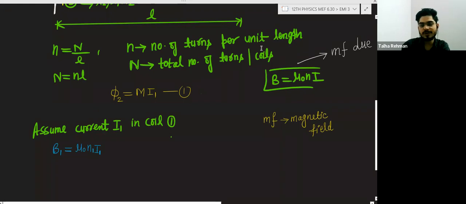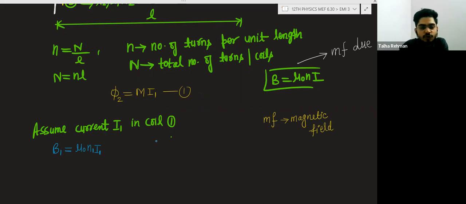Because the formula is written here, and we are talking about solenoid number 1, it becomes mu naught n1 into I1. So B1 is the magnetic field due to solenoid 1.